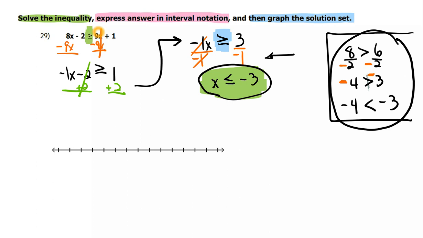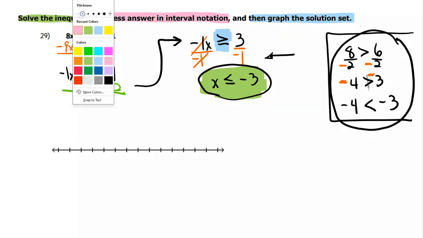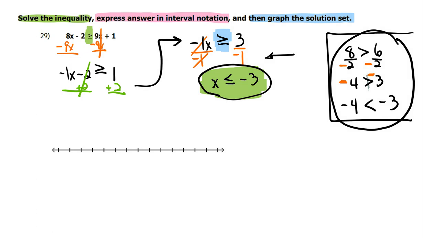So now the second thing is to express the answer in interval notation. Since x is, let's switch this to a smaller, there we go. Since x is less than or equal to negative 3, we're actually starting down at negative infinity.